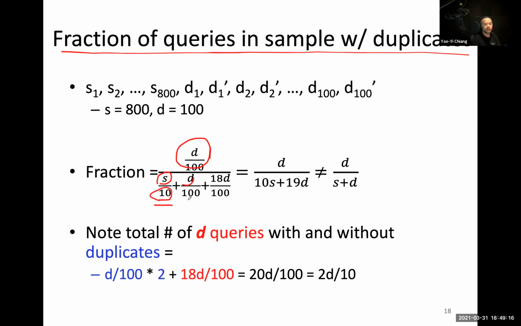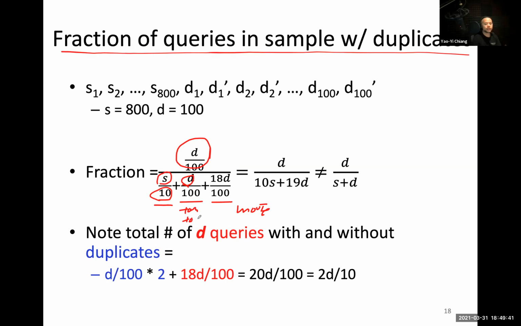You have D over 100. This means the duplicate queries, the queries where both words got selected into the sample. This is the expected number of the D types of queries that only have one word selected into the sample. This is movie. And this is Tom Tom.